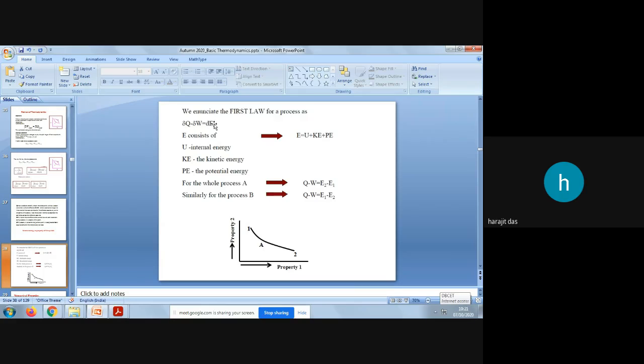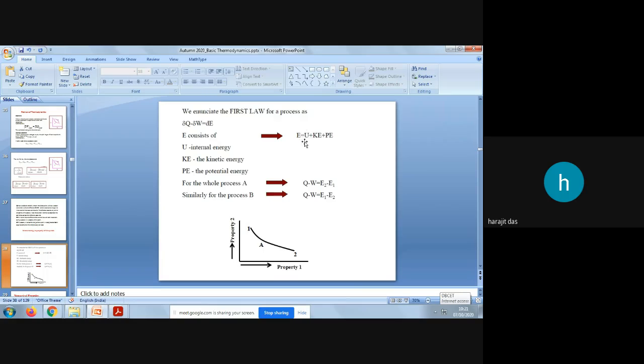So here E is basically the total energy of the system. In most of the cases, this dE we will be writing as dU, because U is the internal energy. Capital E is basically composed of three kinds of energy: internal energy, kinetic energy, and potential energy.